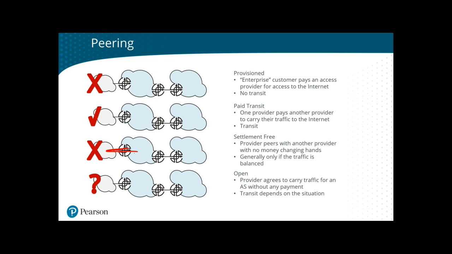Quite often, settlement free is non-transit. Very rarely you will find a transit settlement free peering session. Most of the time, this is going to be non-transit. You're not going to have people with ASs behind them transiting through a settlement free peering session.